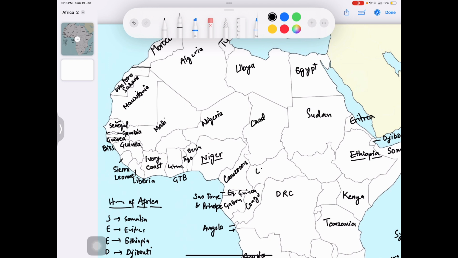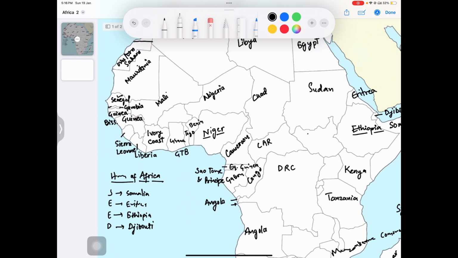This is Central African Republic. This is the one south of Sudan, South Sudan. The best name that we can have. And the one south of South Sudan is Uganda. No, it is not South Sudan. This is Rwanda and this is Burundi.